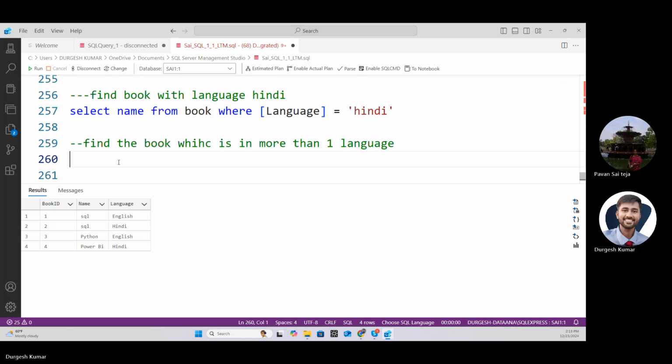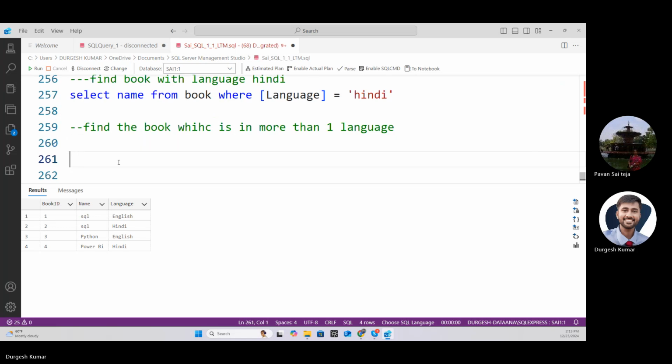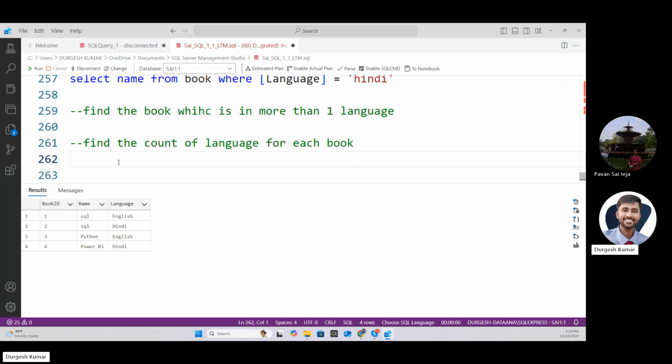See now, the same thing we have to do here. What we have to do, we have to count the language for each book, right? Okay. Correct. So how can you do it? I'm redefining the question a little and answer this: find the count of language for each book. Now answer this. Find the count of language for each book.